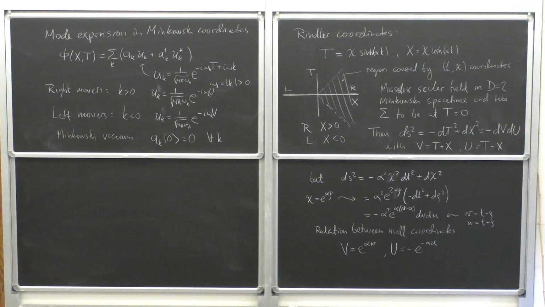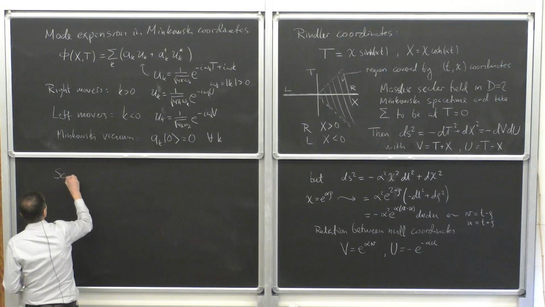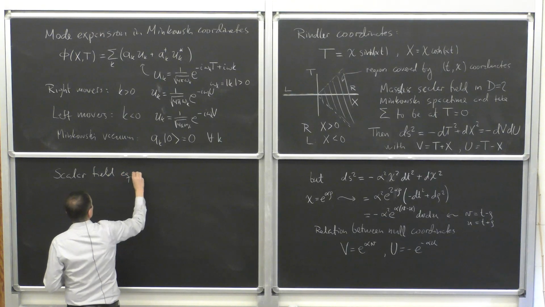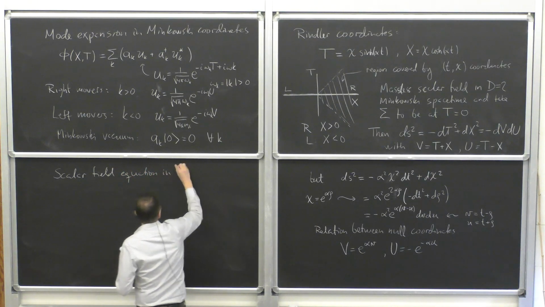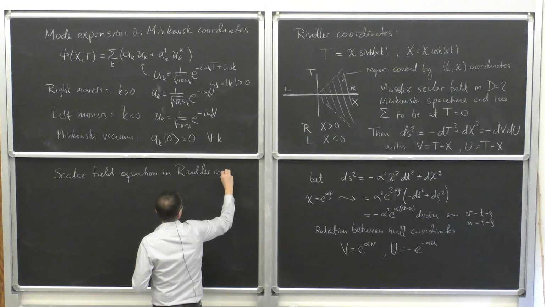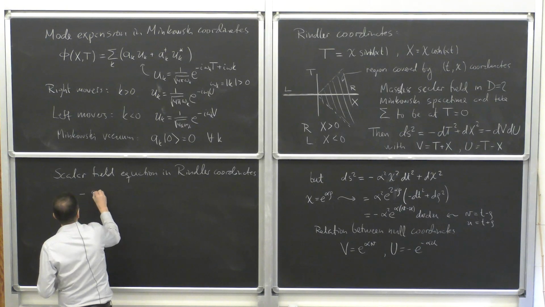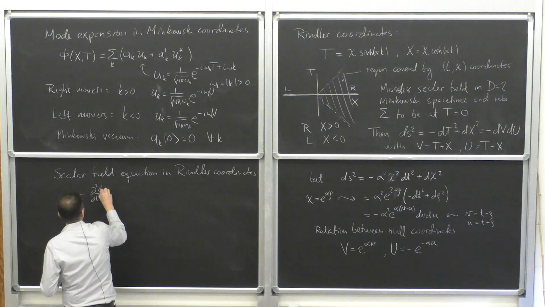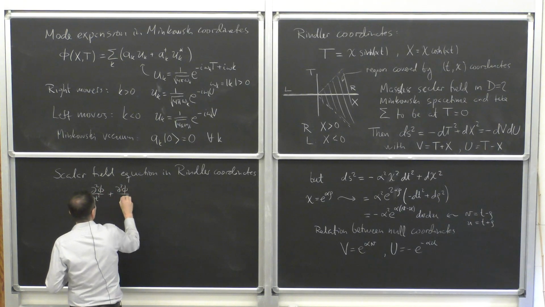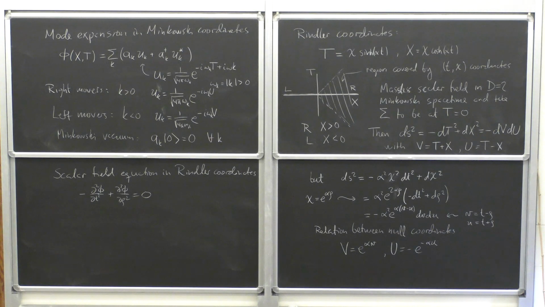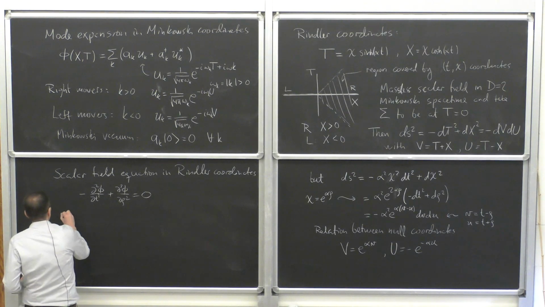So we know that the scalar field equation in Rindler coordinates is going to have exactly the same form as it would have had in the original x and t coordinates because of the conformal symmetry. You can check this by just doing the transformation.